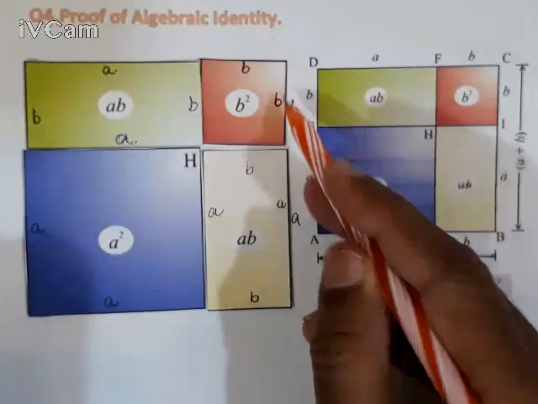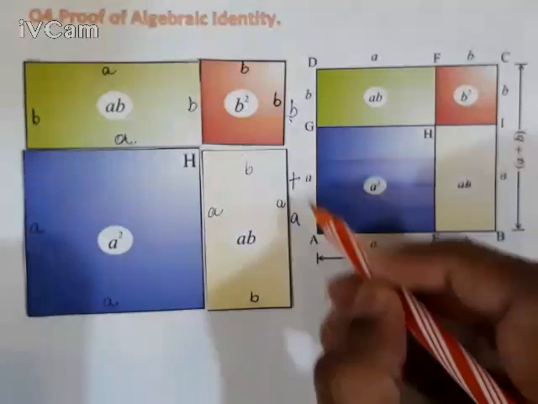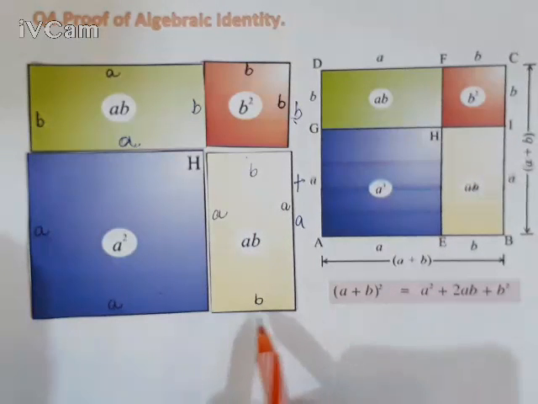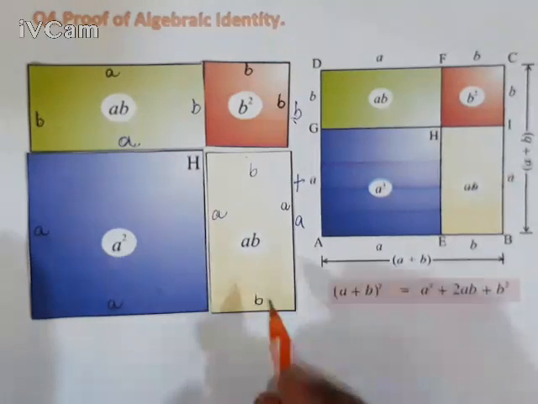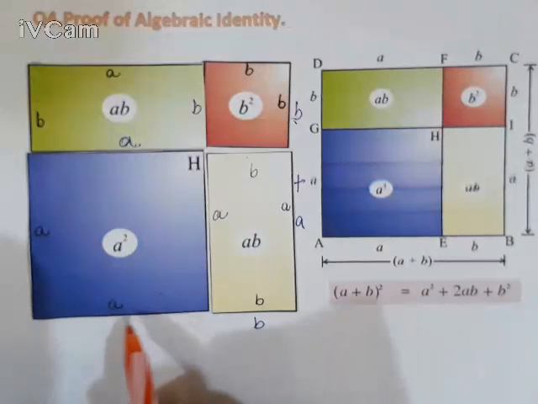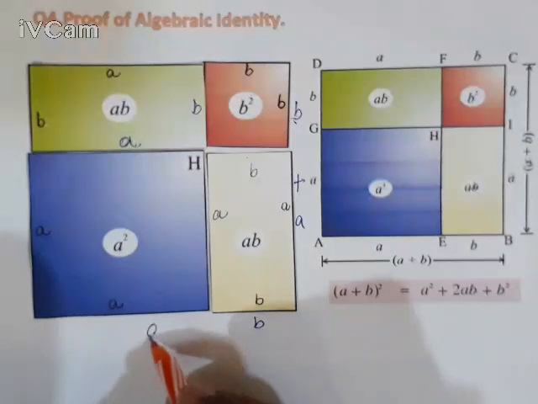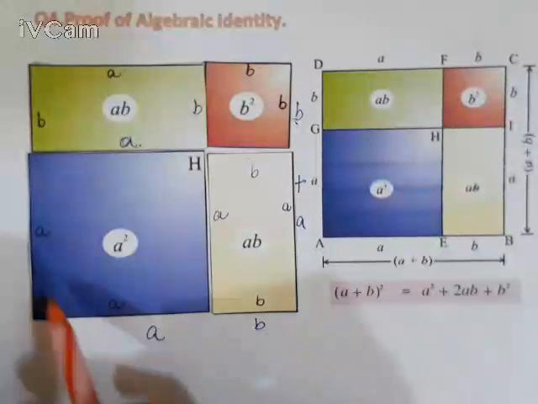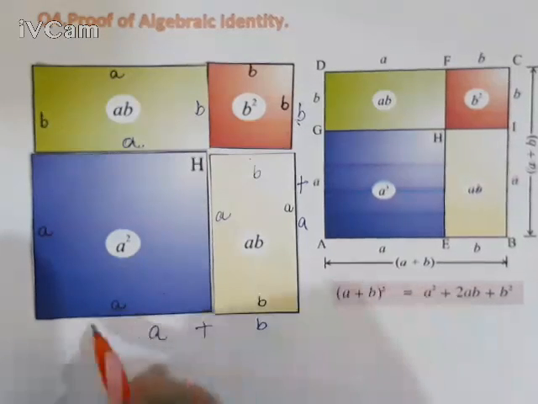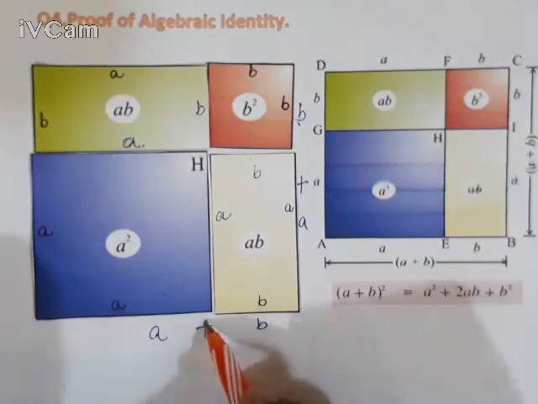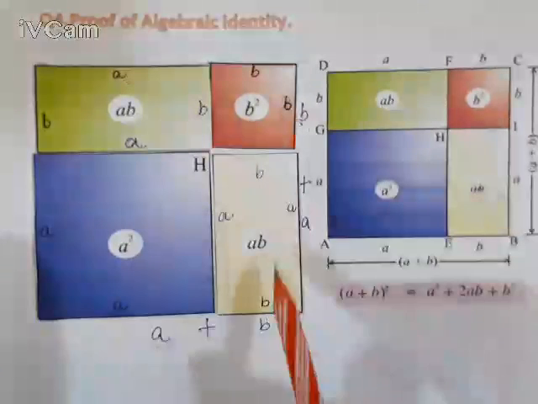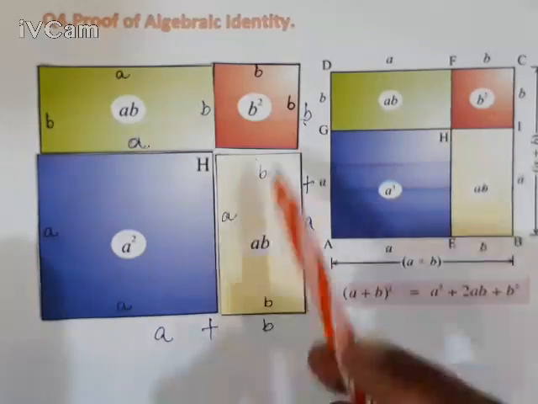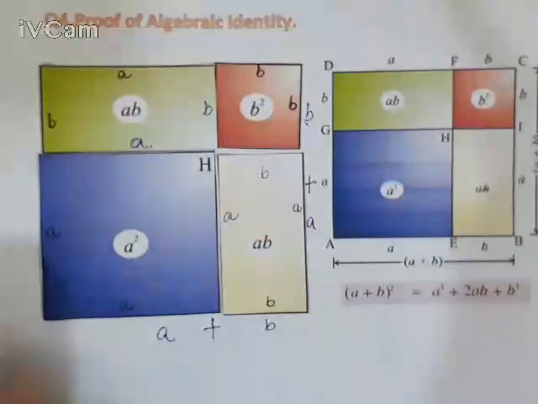So when we add this complete length, it will be a plus b. On the other side, if this side is b and the other side of this square is a, the complete length of the big square is a plus b. Now we have two sides. This is a square and both sides are the same, a plus b and a plus b.